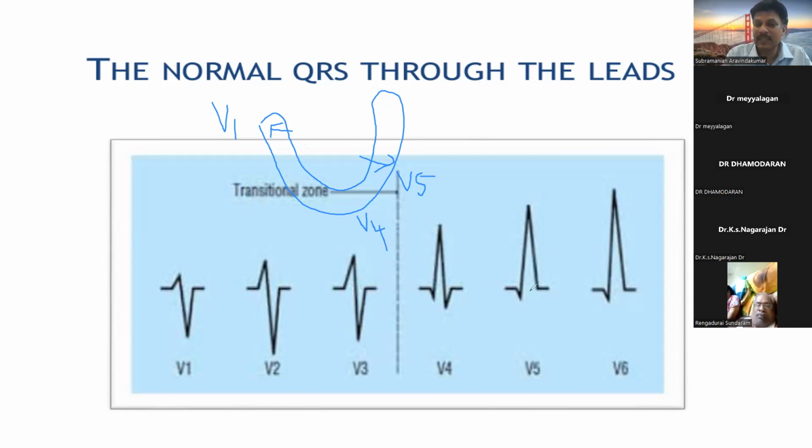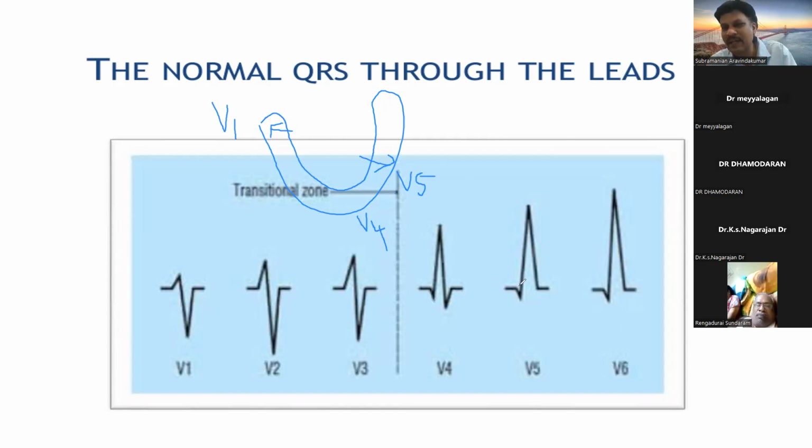Whereas in V5 and V6, the first deflection is away from V5. V5 is here, first deflection away from V5, so it is the first negative septal Q wave. Subsequently, the electricity travels through the left ventricle, endocardium to epicardium, and the height of the R wave depends on the thickness of the ventricle.